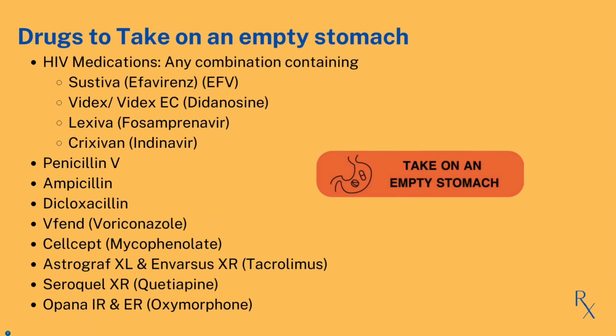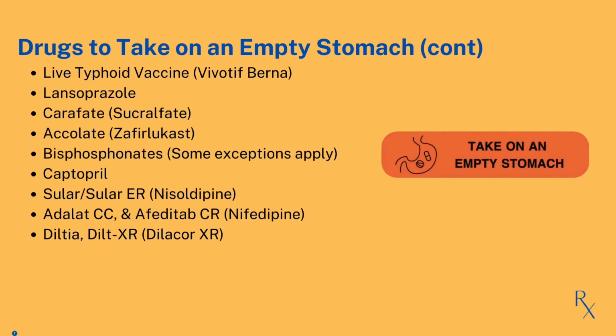Moving on, we also have penicillin V, ampicillin, dicloxacillin, Vfend, CellCept, Prograf, Seroquel, Opana, the live typhoid vaccine, lansoprazole, sucralfate, Accolate, bisphosphonates.